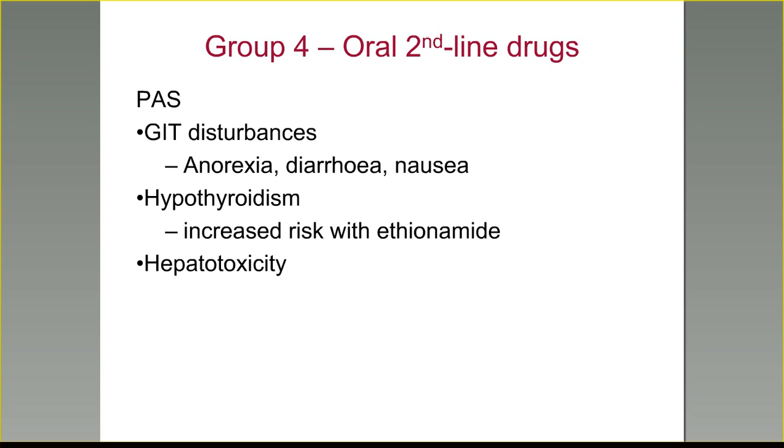Paraminosalicylic acid, or PAS, is quite a terrible drug for adults to take. They do not like it at all. The children cope with it quite well, although there are some children that really complain. Again, the main disturbances that we get are gastrointestinal: anorexia, so they don't feel like eating, often diarrhea initially, but that often clears after a while, and then of course nausea.